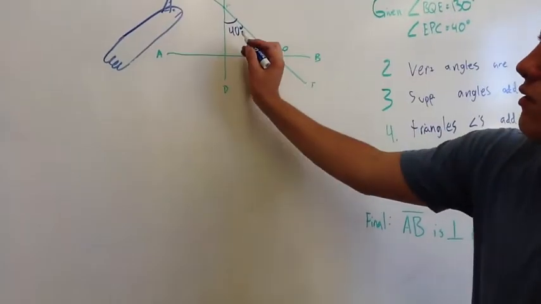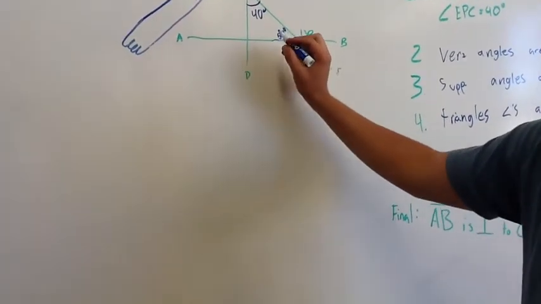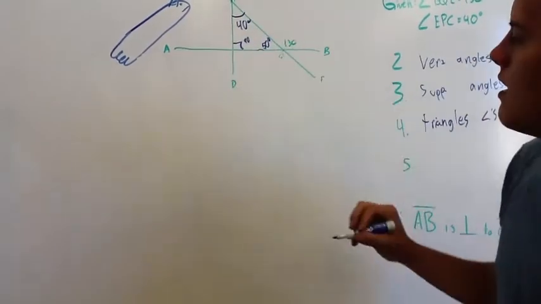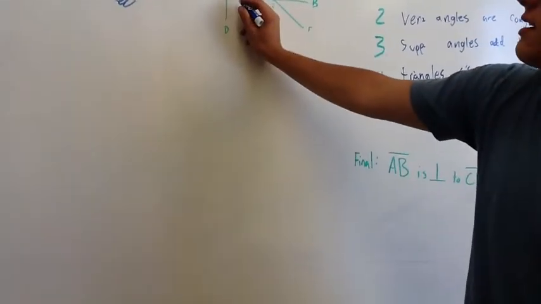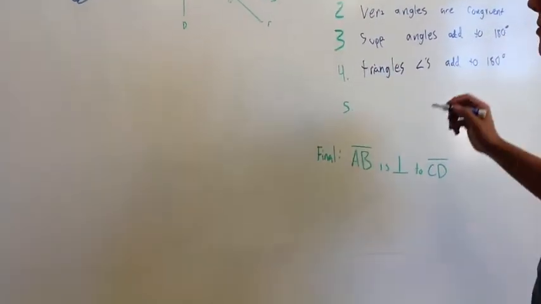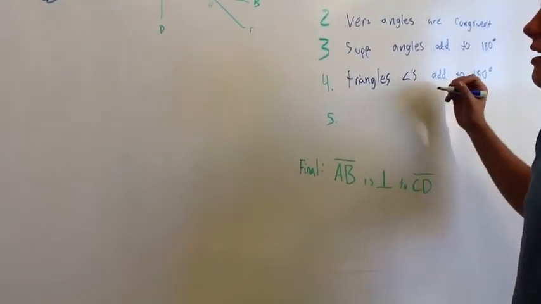So we can say that 40 plus 50 is 90, and 180 minus 90 is going to be 90. So this is going to be 90 degrees. And then because this is a 90-degree angle, these two lines have to be perpendicular because perpendicular lines form 90-degree angles.